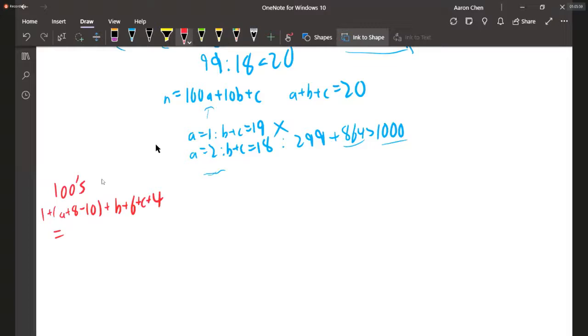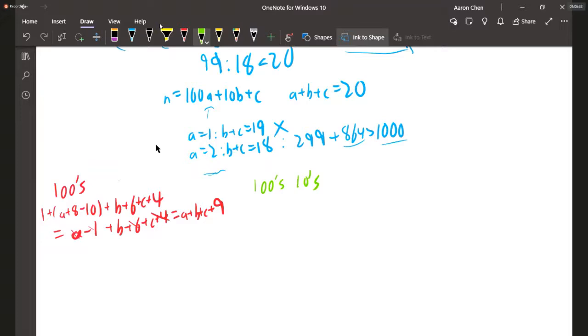And this is equal to a minus 1 plus b plus 6 plus c plus 4, and this is equal to a plus b plus c plus 9. And you need this to be equal to a plus b plus c, so this case does not have any solutions. And now, let's take a look at the case where the hundreds and the tens carry.